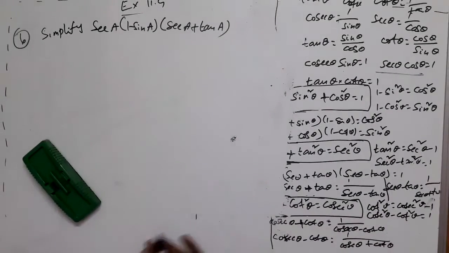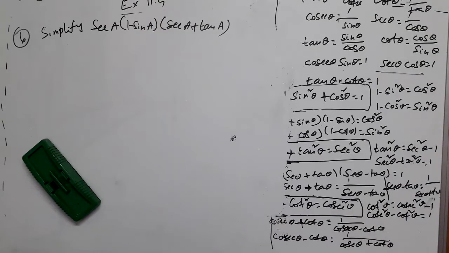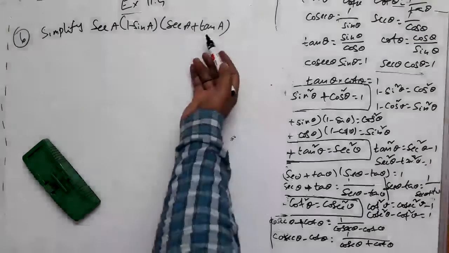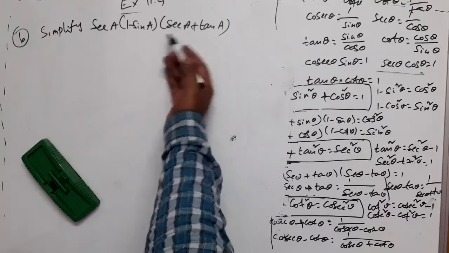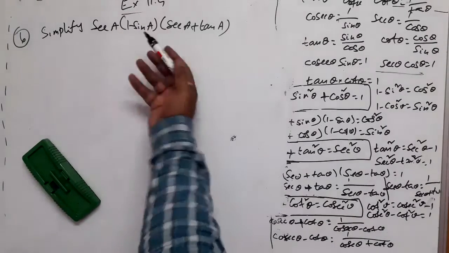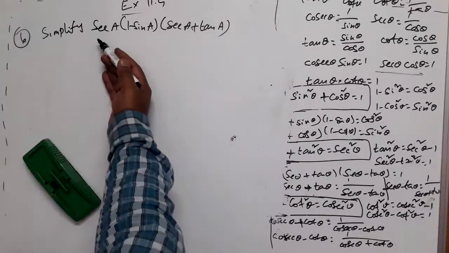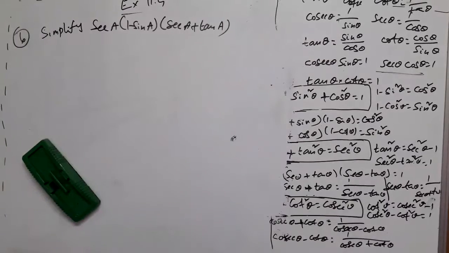Of course, if a number has to come, you can decide what number by simply substituting some value in the place of A. You can substitute 0. If you substitute, tan 0 is 0, secant 0 is 1, 0 plus 1 is 1, sin 0 is 0, 1 minus 0 is 1, 1 into 1 is 1, secant 0 is 1, the product is 1.